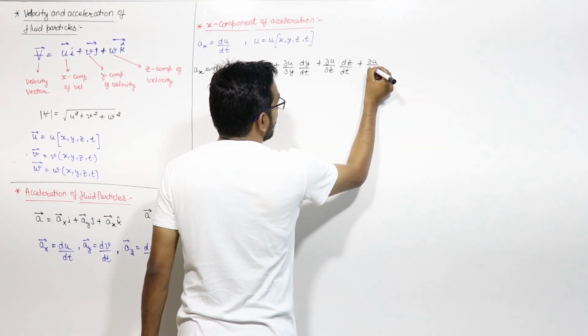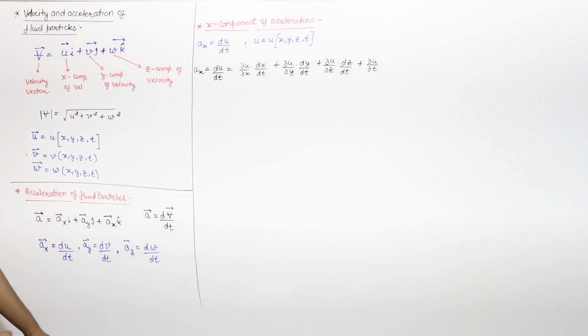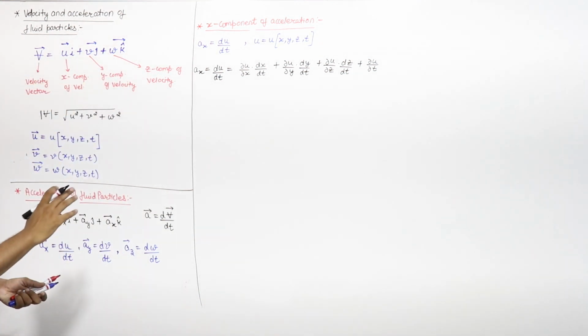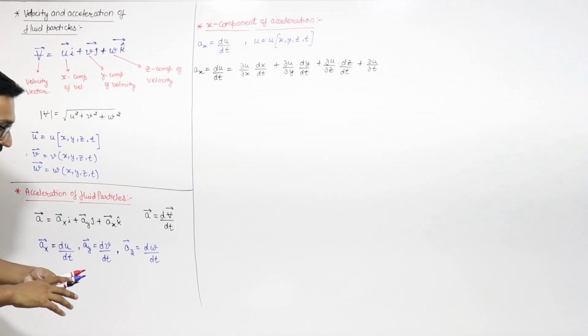It's a partial differentiation of u with respect to time. This is the differentiation which you know.